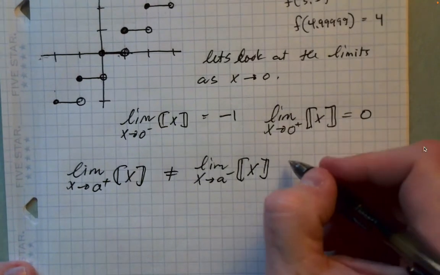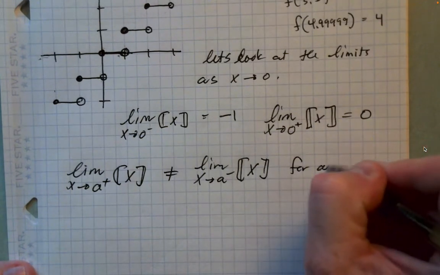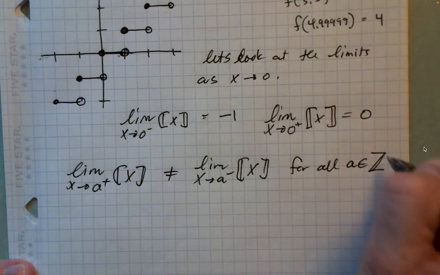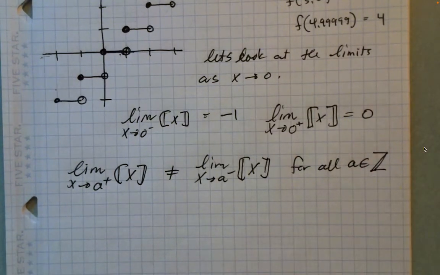And this is for all integers. The left and right hand limits do not agree at any integer, so pretty much any integer is going to produce a discontinuity.